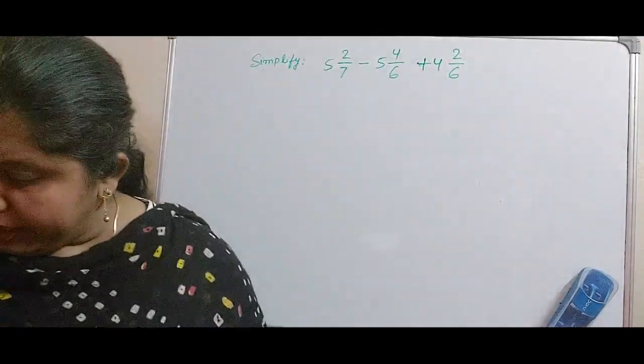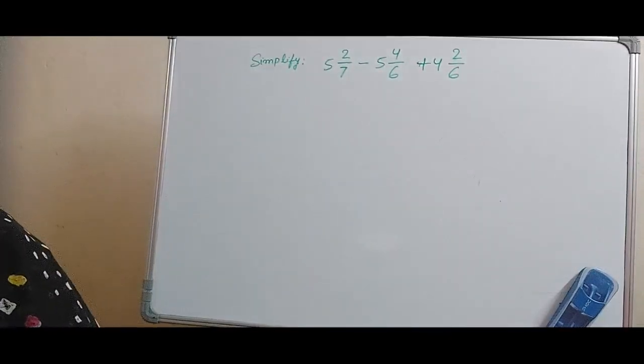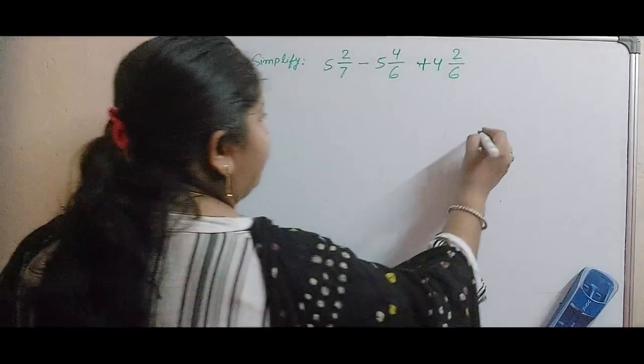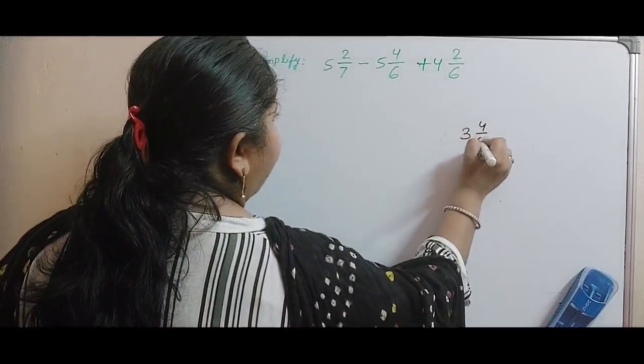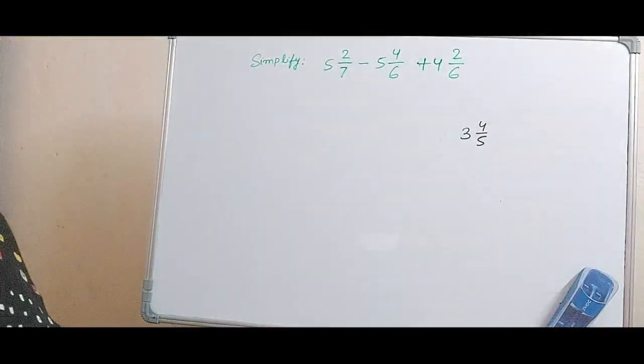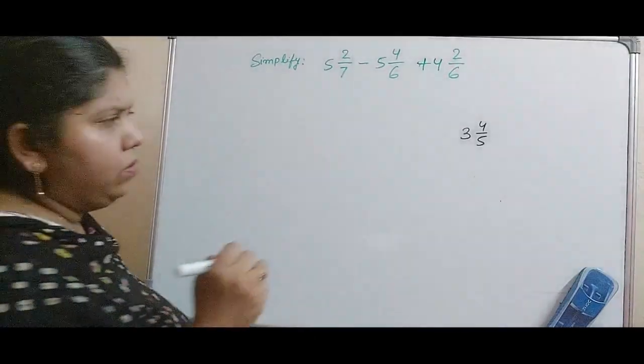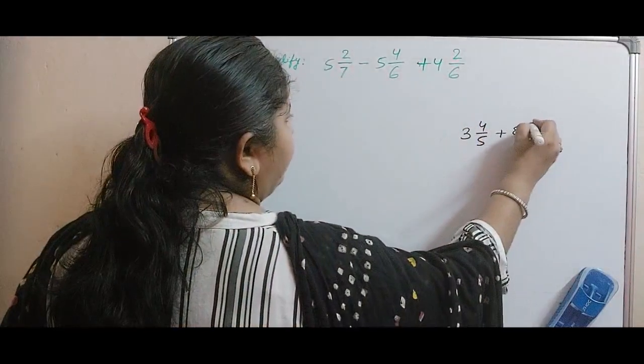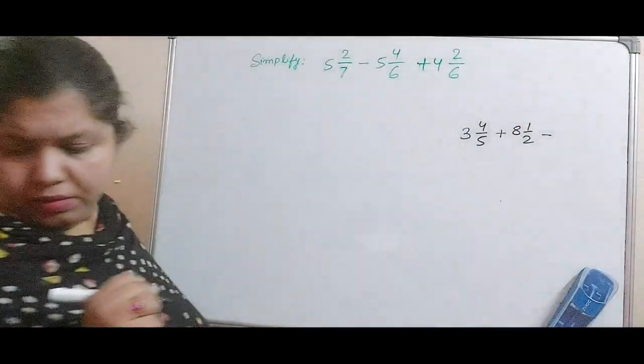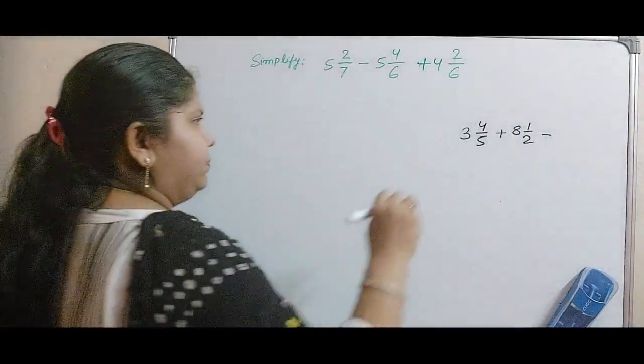So we found that in that particular question, we had 3 4 by 5 plus 8 1 by 2 minus 2 7 by 8.